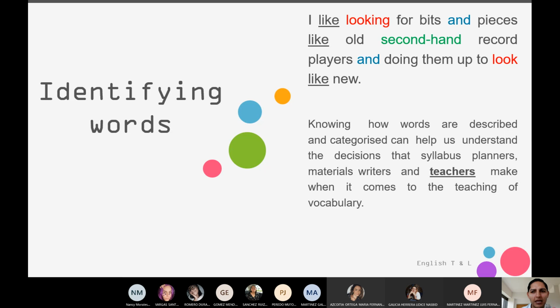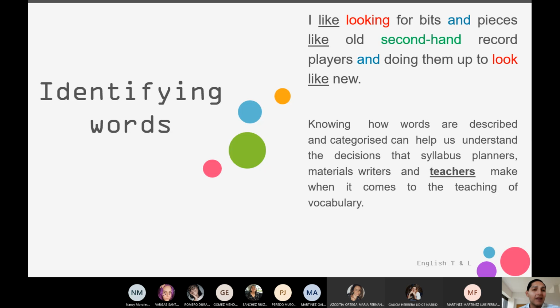And those strategies can help students understand the process that, first of all, teachers follow in order to implement a task, an activity, an assignment, or what syllabus planners and authorities do, something we are doing at the BA at the moment, or what material writers or book designers carry out in order to include words in a specific lesson, in a specific unit, or a whole syllabus or the curriculum of the school.